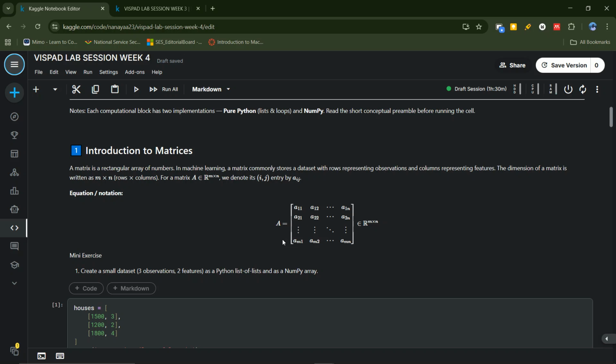So you can see a11, a12, up to a1n, and you'll be wondering what is going on. Over here, this ij you are seeing in a_ij represents the row and column.